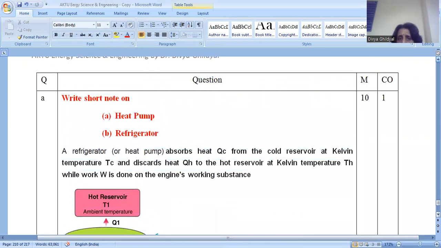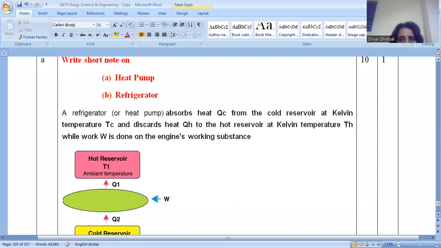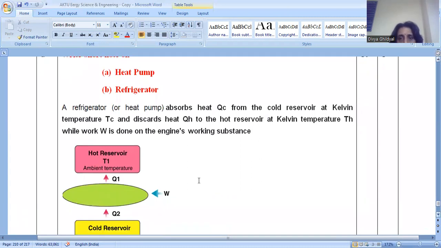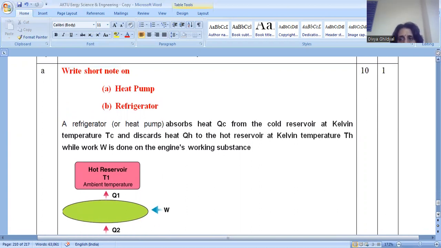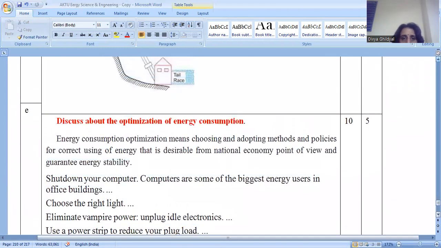Okay, refrigerator and heat pump. For a refrigerator or heat pump, the basic function is that it absorbs heat from the cold reservoir at Kelvin temperature and discards heat to the hot reservoir. See, here it is absorbing and then it is discarding. In between this process, the energy left is being used to get the work done either from the refrigerator or the heat pump.